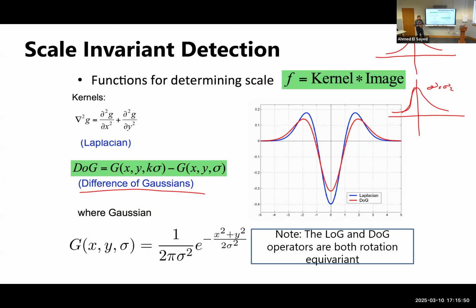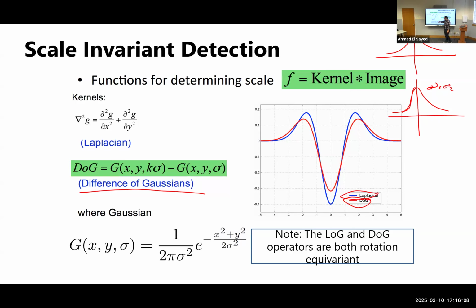So I don't need to find the derivative or the second derivative or make any addition. I can easily calculate an approximated version of the Laplacian Gaussian using the difference of Gaussian technique.